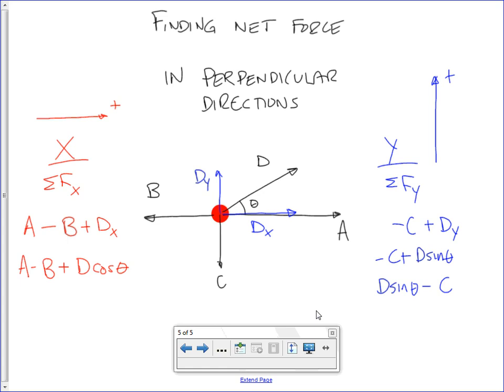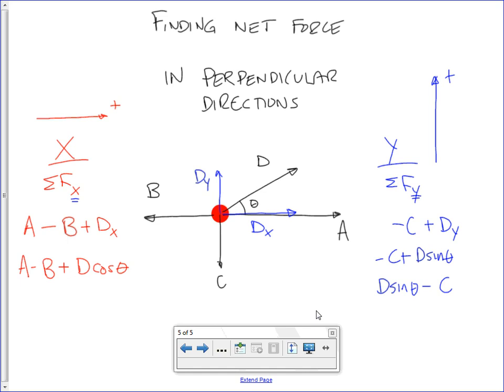All right? And again, the reason that we do x and y stuff is because, as we've led into, I hope, so far, well, remember, x direction forces can make objects accelerate in the x direction. Y direction forces can make objects accelerate in the y direction.